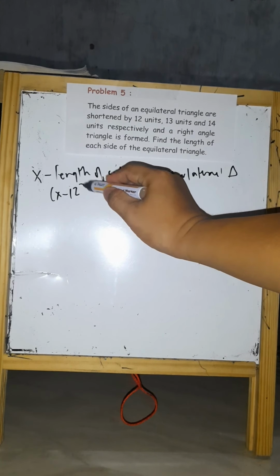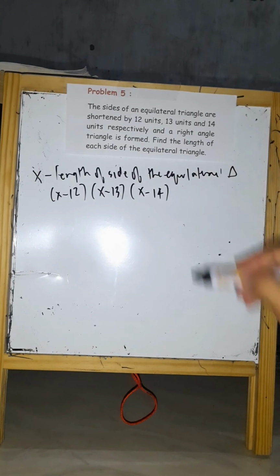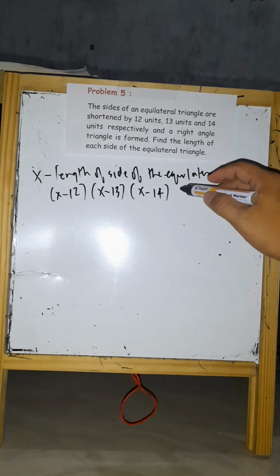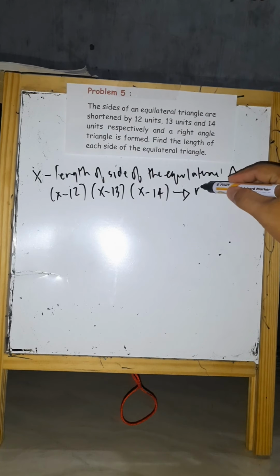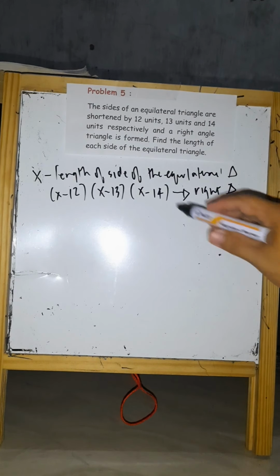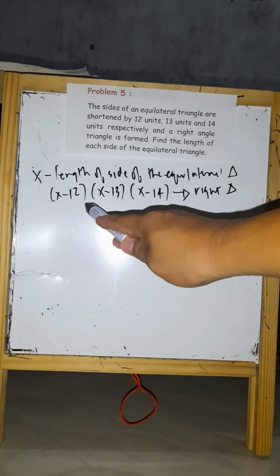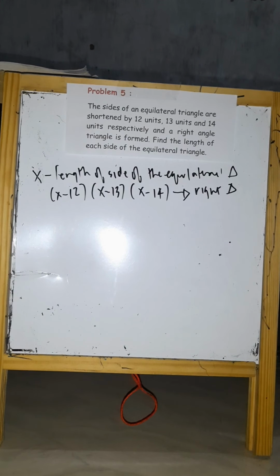We have x minus 12, x minus 13, and x minus 14 respectively, so that this new triangle is a right triangle. So from the equilateral triangle, we shorten each side by 12, 13, and 14, then it becomes a right triangle.